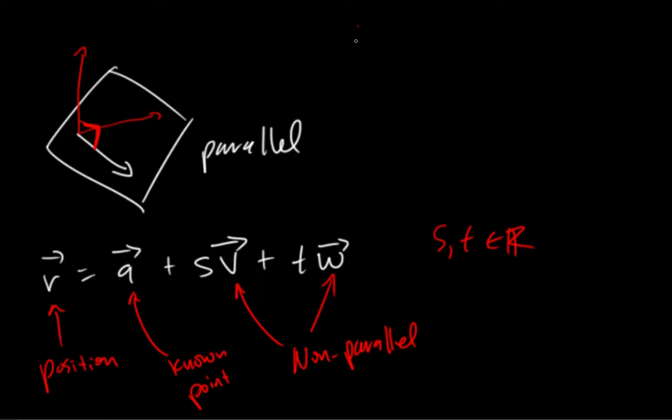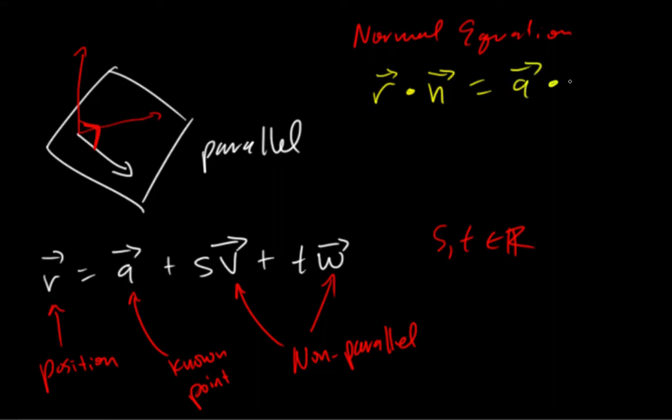Okay, the normal equation of a plane is R dot N equals A dot N.